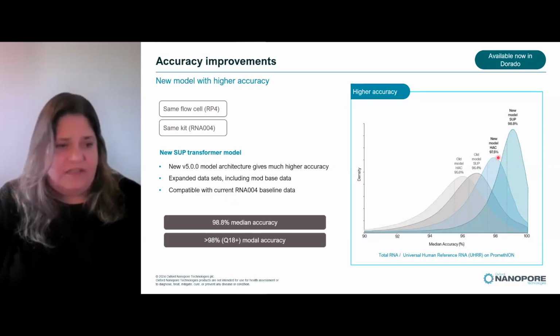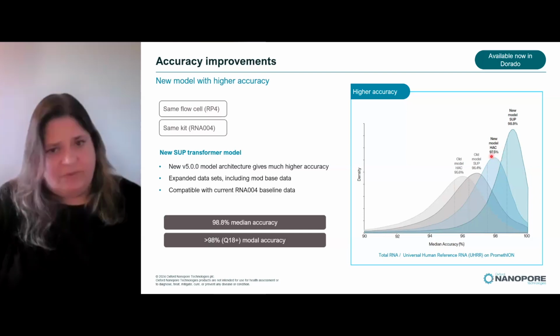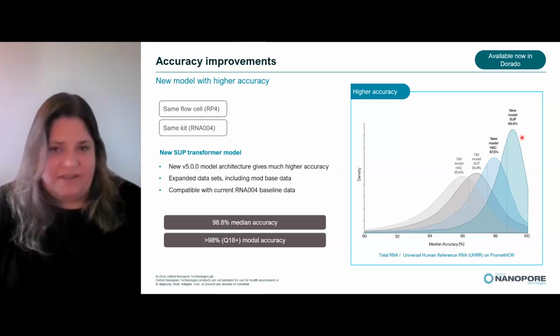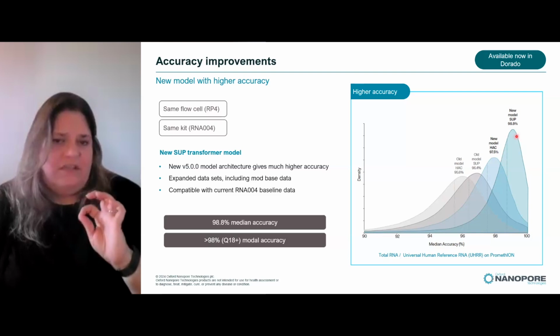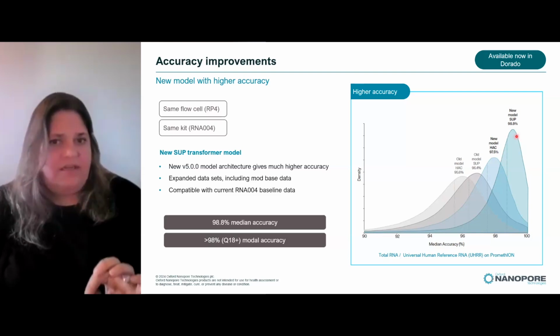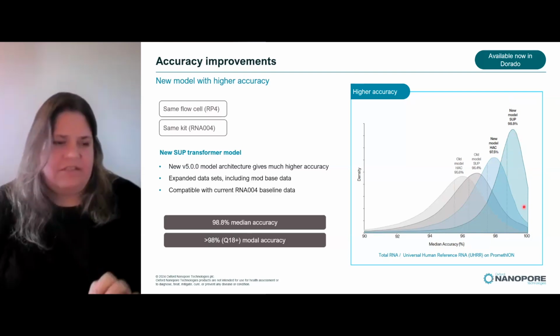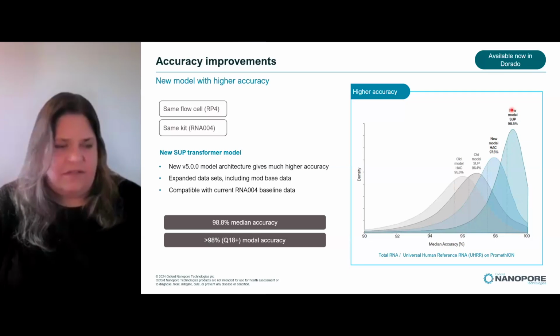The new high accuracy model is at 97.5%, and then the super accuracy model is at 98.8%, which is very, very good for RNA. So again, this is native RNA with modifications, single read, 98.8% accuracy using the super accuracy base caller. Now, the super accuracy base caller is still quite compute intensive.